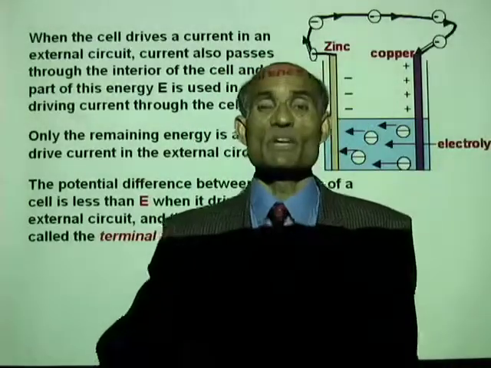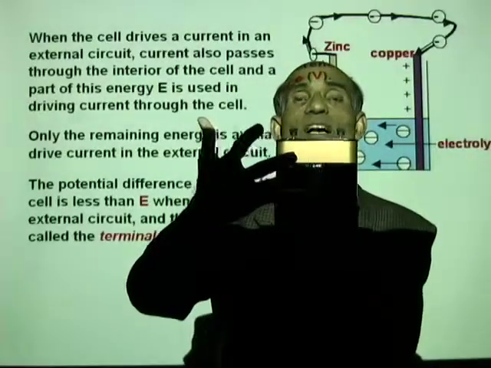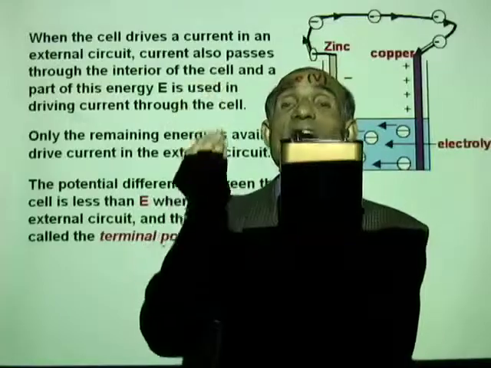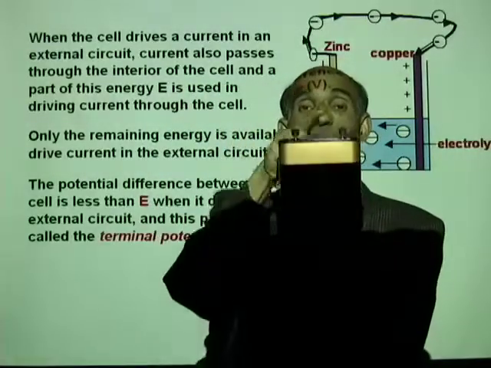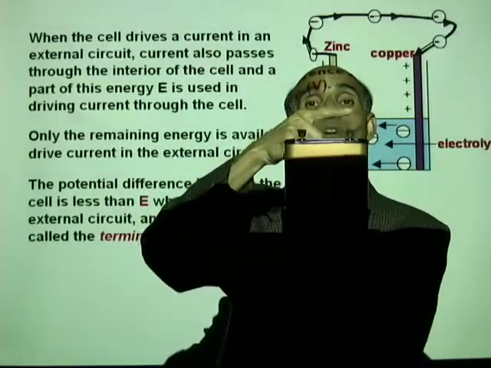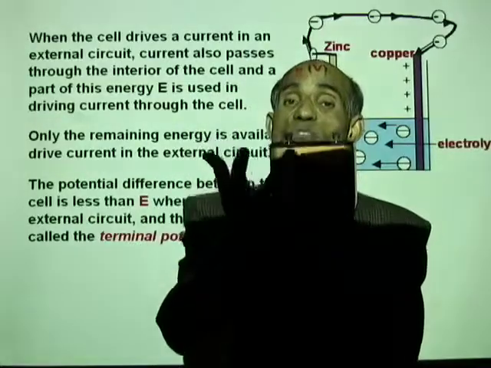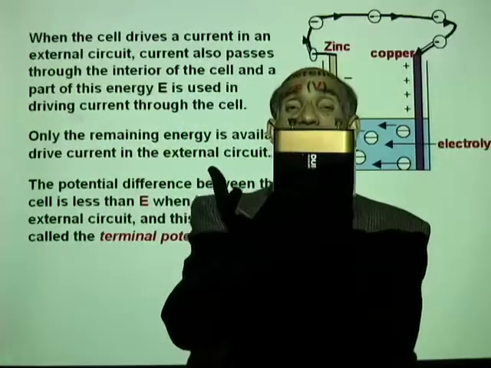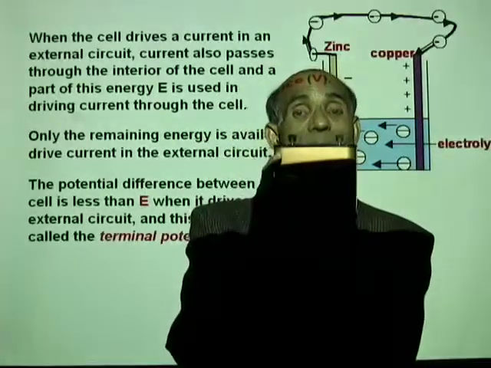You see, if you connect this cell to a voltmeter, it will measure the actual EMF of the cell. But if you connect a conductor across the cell, which will then allow a current to flow, the voltmeter reading will fall. The voltmeter reading will be less than the EMF. Why?